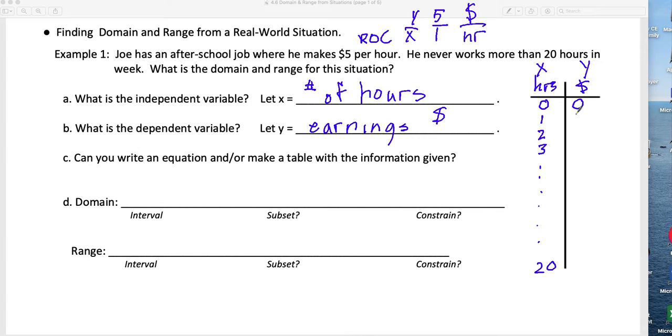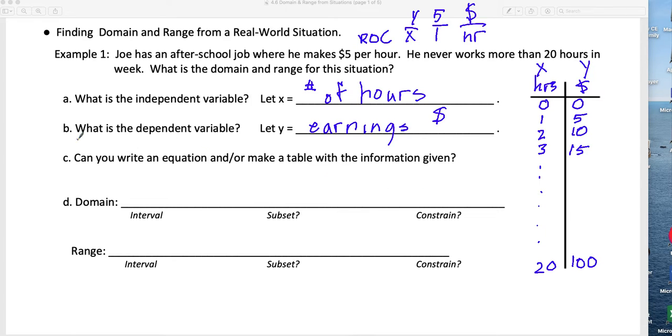If he works 1 hour, he's going to make $5. If he works 2 hours, he's going to make $10. If he works 3 hours, he's going to make $15. So this just got really easy. All right, if he makes $5 an hour and he works 20 hours, what's this last value of the range going to be? $5 times 20 is going to give me 100.